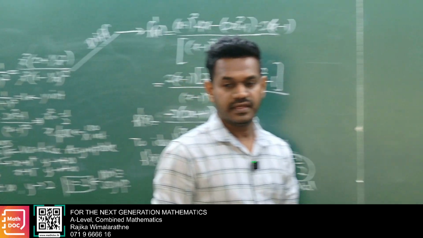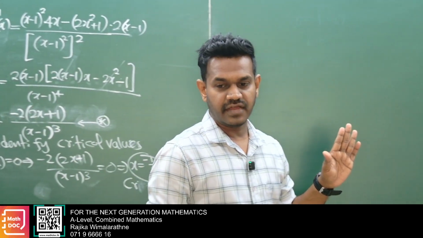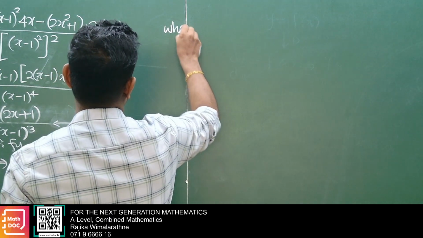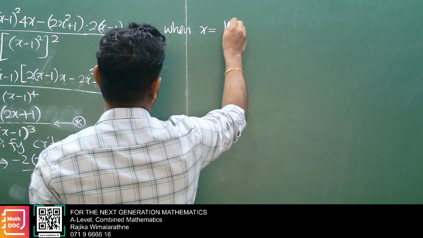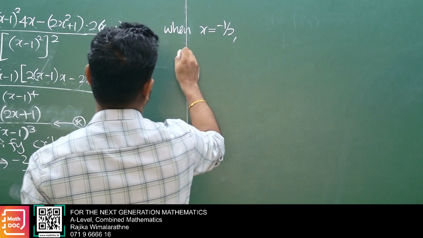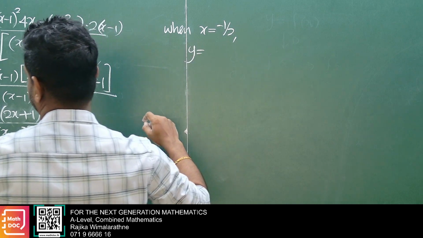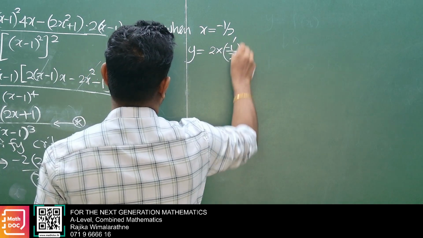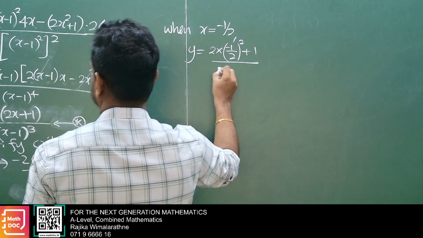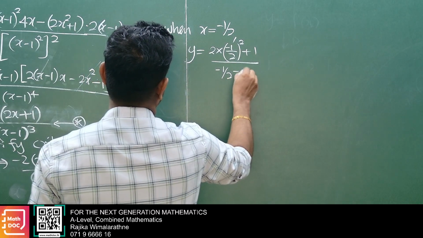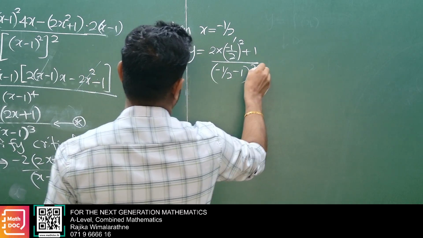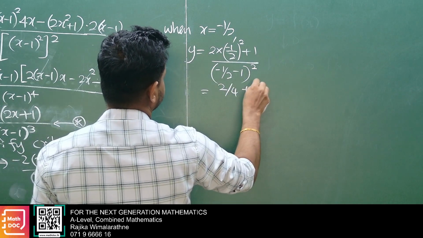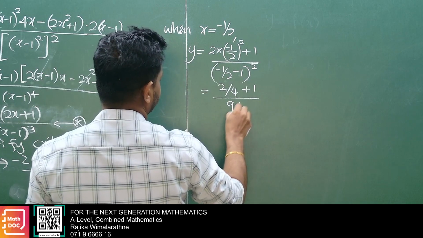Okay. Then you find the critical value. Thereafter you find the critical point. Here when x equals minus half, you find the y value. Take the original function, substitute minus half: 2 into minus half squared plus 1, over minus half minus 1 to the power 2. Here 2 over 4 plus 1, here 9 over 4.